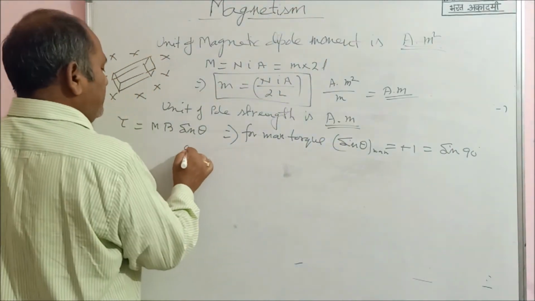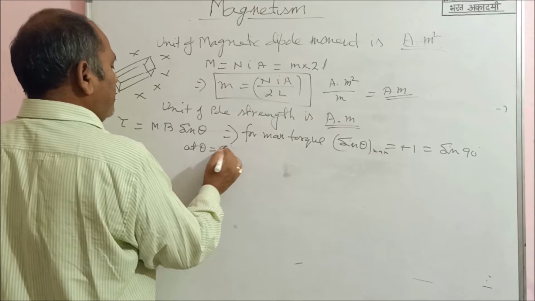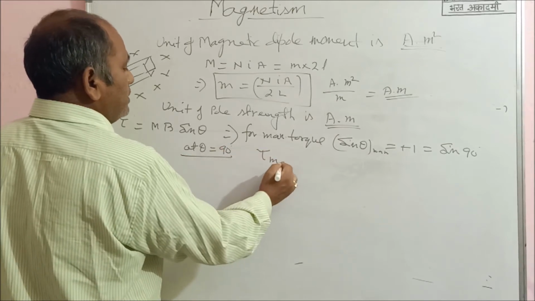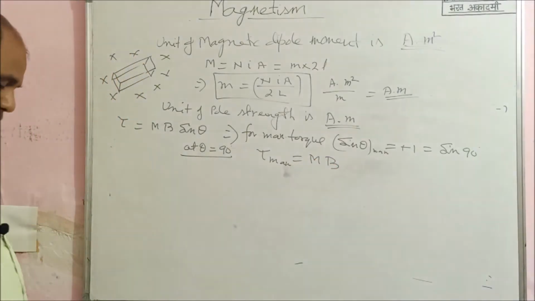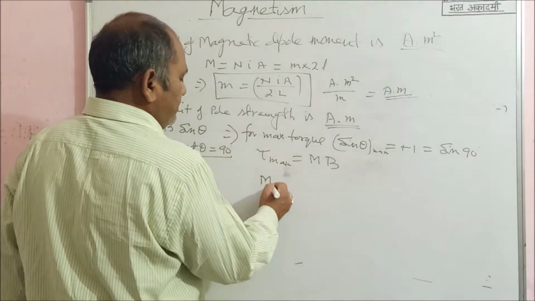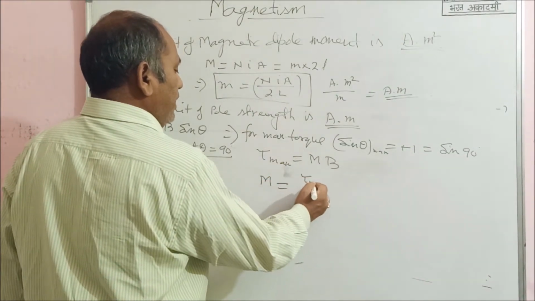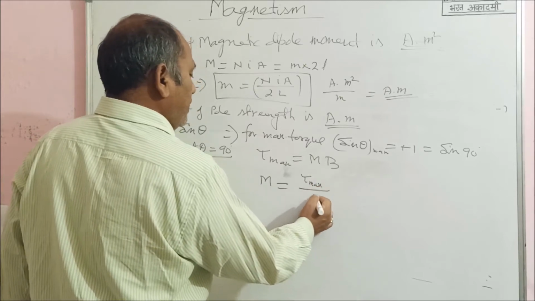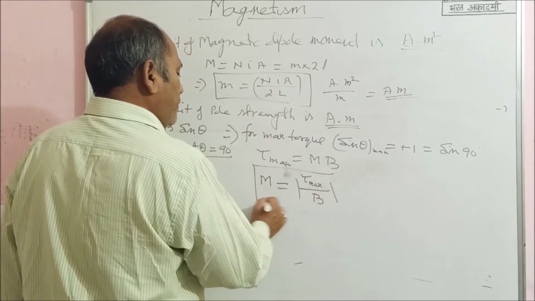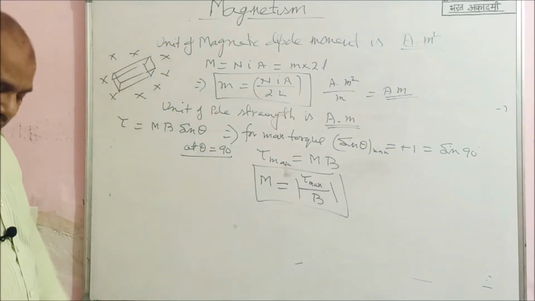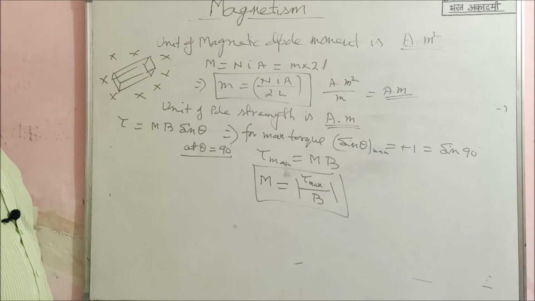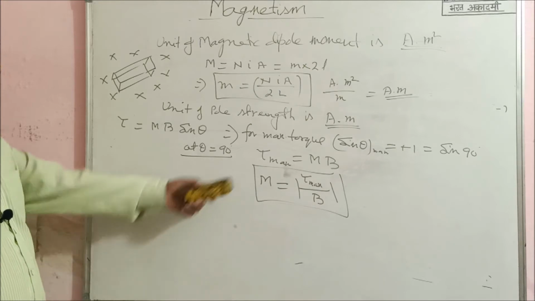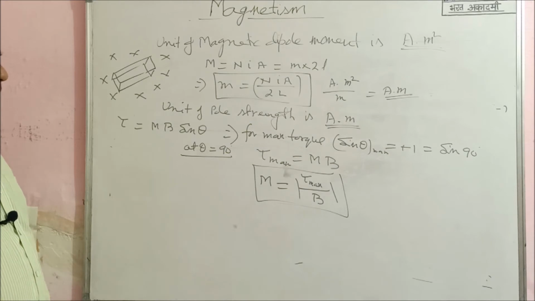At theta equal to 90, that is when the bar magnet is placed perpendicular to the magnetic field, tau max will be M into B. Why am I trying to define M also with the help of tau? So M, the magnetic dipole moment, can be defined as the maximum torque experienced by a bar magnet when placed inside a unit magnetic field. Remember this definition. Maximum torque experienced by a bar magnet when it is placed in a direction perpendicular to a unit magnetic field, right? This is one more format of M, right?